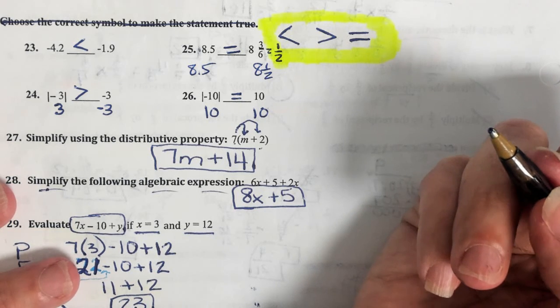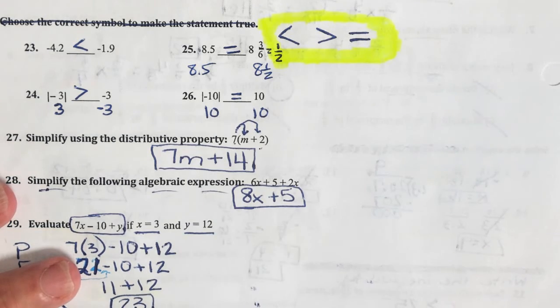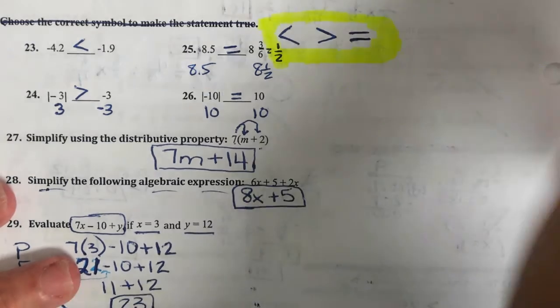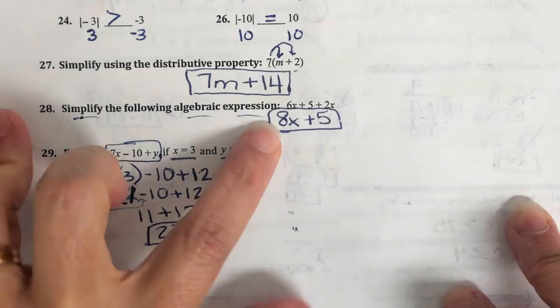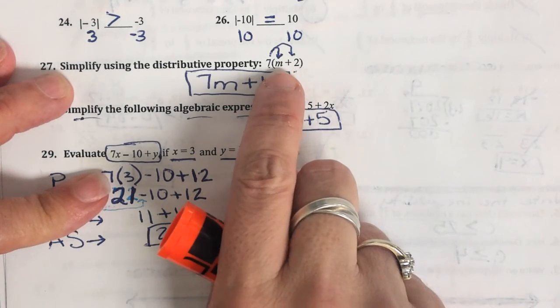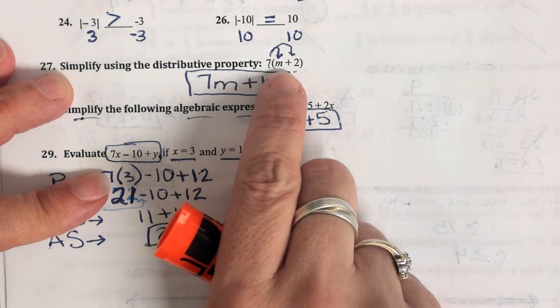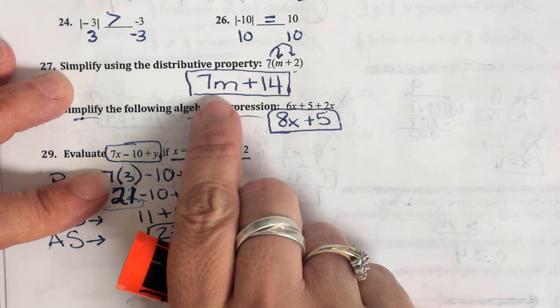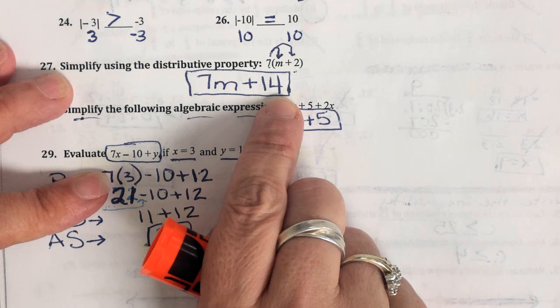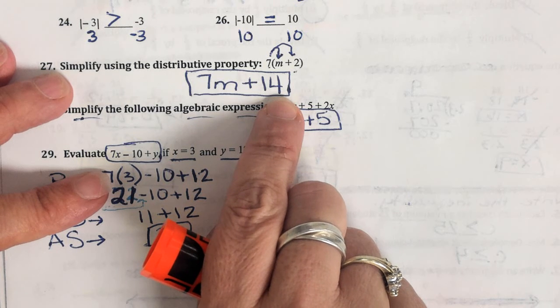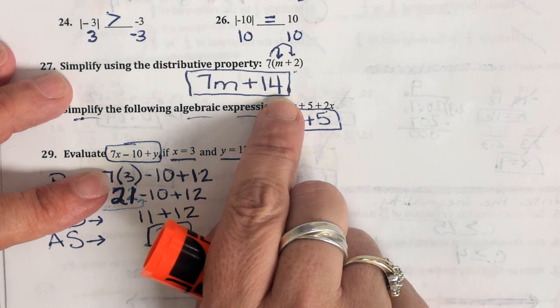Okay. Some of you may not have been in here, so I'm going to just talk about the last 3. Here we go. 7 times (m plus 2). We distribute out that 7 to everything in the parentheses. Ends up being 7m plus 14. Be careful. One of the answer choices is 7m plus 2.